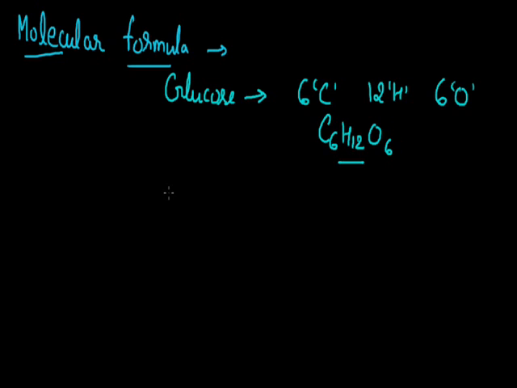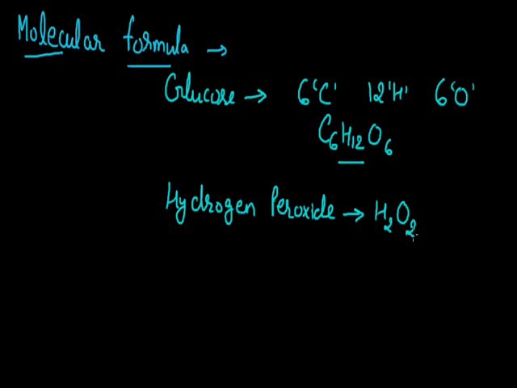Same as if we take another example, like the hydrogen peroxide molecule. One molecule of hydrogen peroxide contains two atoms of hydrogen and two atoms of oxygen. So the formula will be H2O2, and since this H2O2 indicates the real number of atoms present in one molecule, this is the molecular formula of this compound.